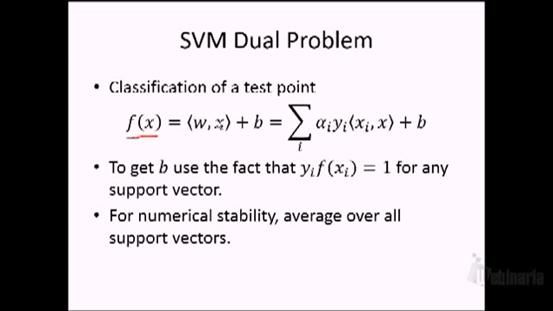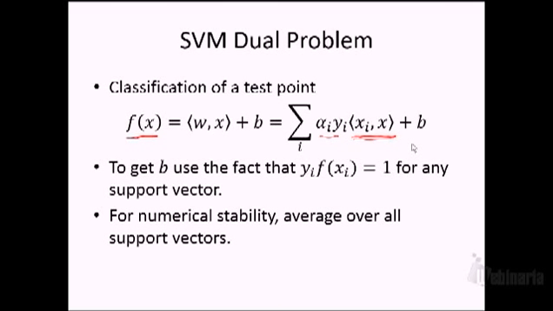We just have the weights as a sum of training points, and so the inner product between the weight vector and the point is just the weighted sum of inner products between the new point x and the support vectors. And so this inner product can be replaced by the kernel function. And we add the bias term.